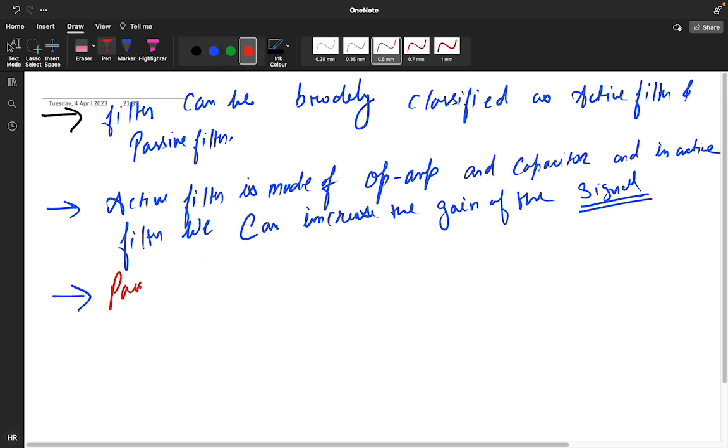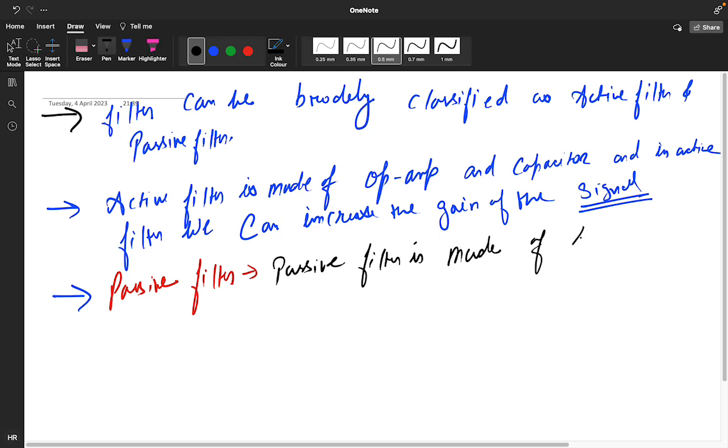A passive filter is made of series and parallel sections of inductor and capacitor.